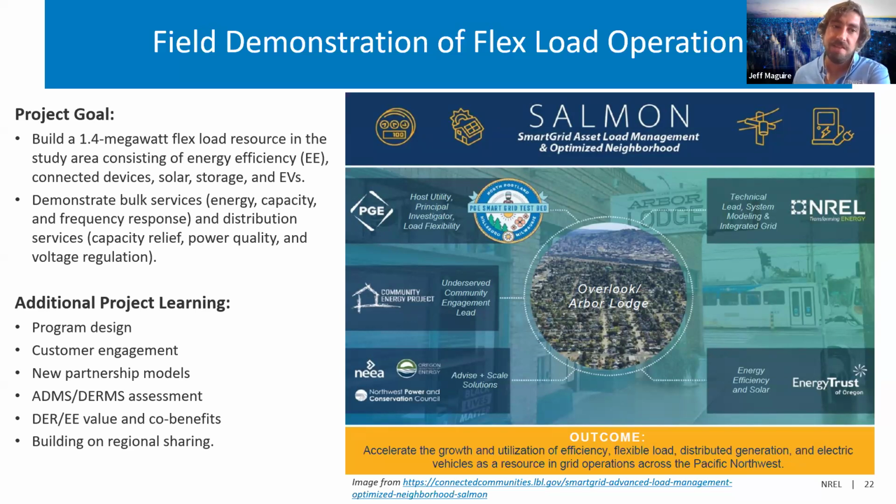This is through a combination of connected devices, so controlling HVAC and water heaters, along with solar, storage, and EV. We've been using OCHRE as part of this project to simulate what would happen with higher participation as they're working on recruiting customers, and what the controls might need to look like to avoid causing any grid issues, and what the benefit is for the customer as well as for the utility to have this level of control.